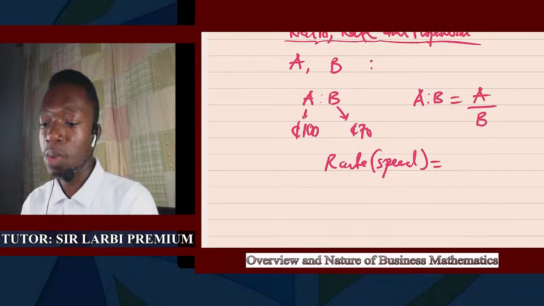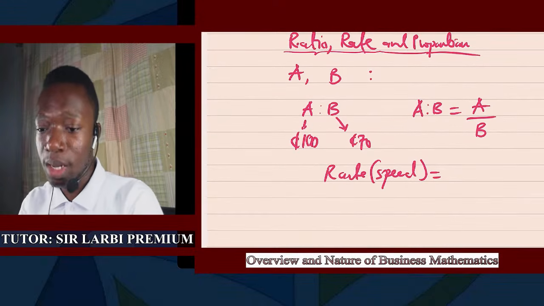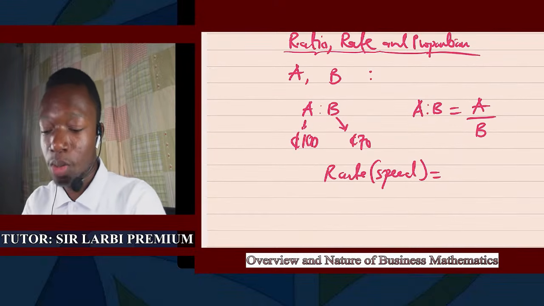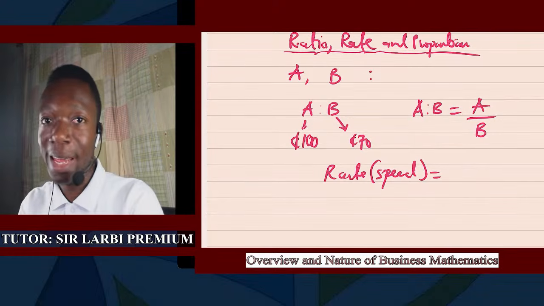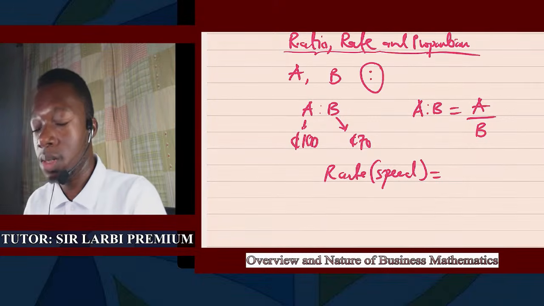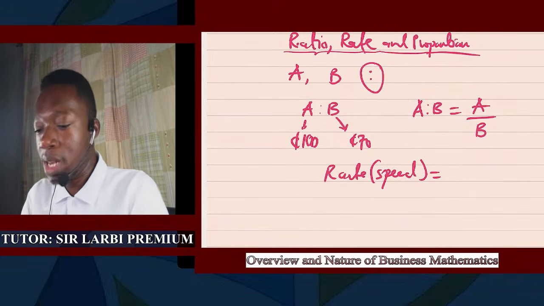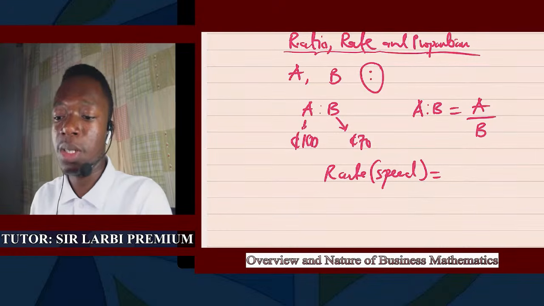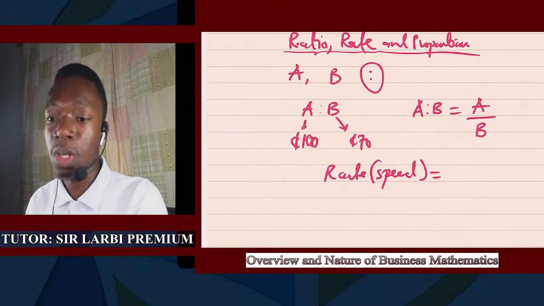All right. So as I was saying, the ratio is where we are comparing A and B. We said that we use this sign or symbol, which in English we call a colon, to denote the ratio between two quantities.